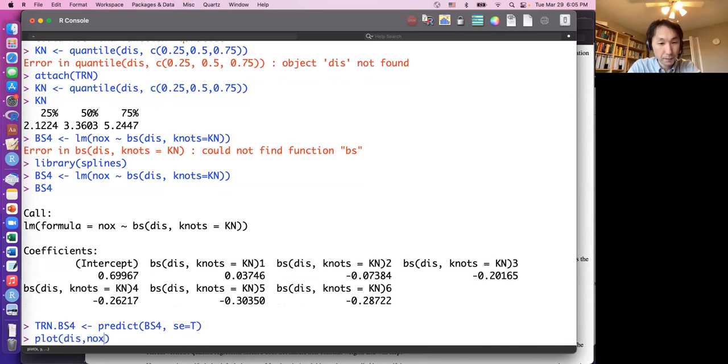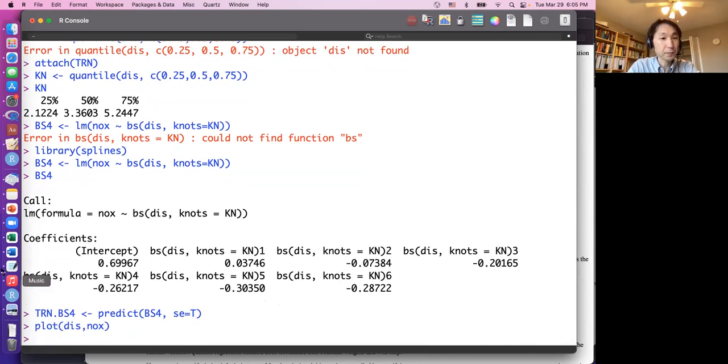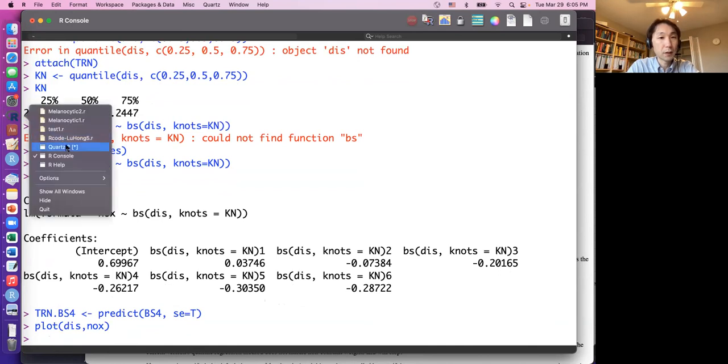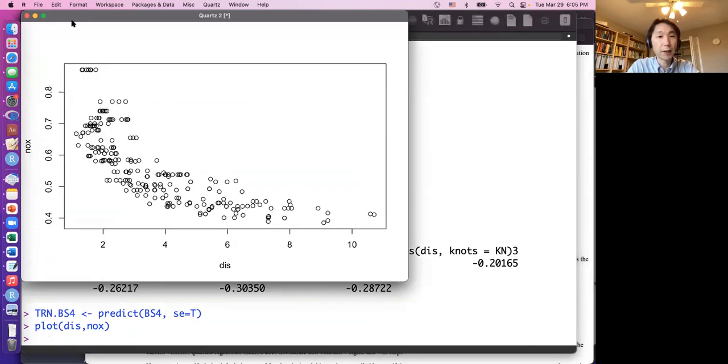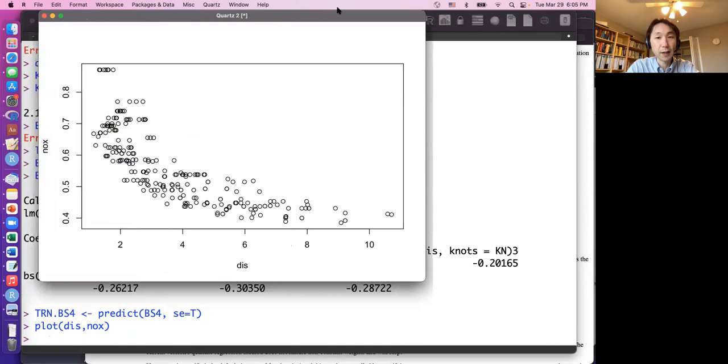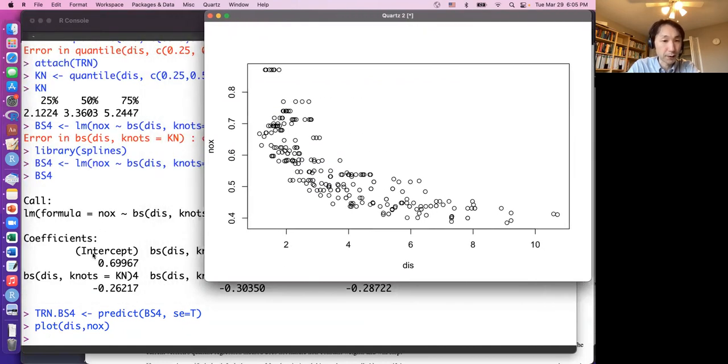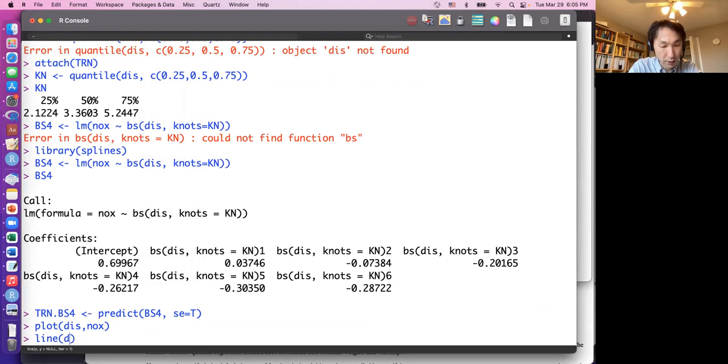Then scatter plot again. So we only have the training set, so we only take half of the observations of the entire data set. Then we overlay the line. So lines, distance, training dot BS4 fitted value.